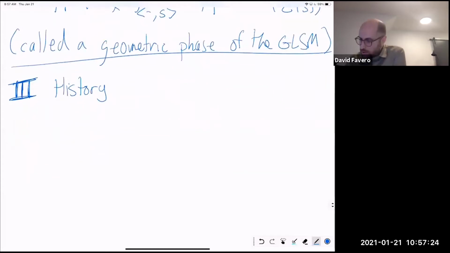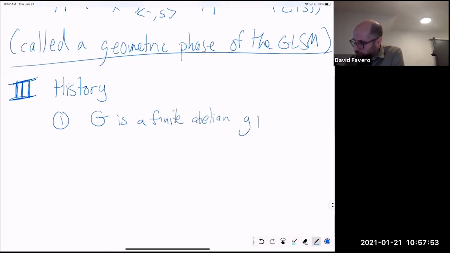So I talked about first case was one. G is a finite abelian group. Okay. So this is history of GLSMs, enumerative theories of GLSMs.